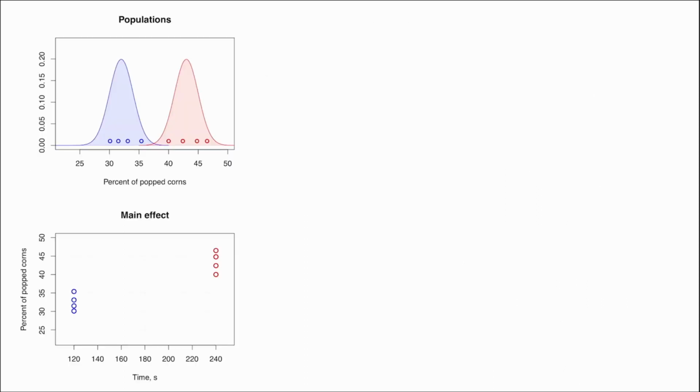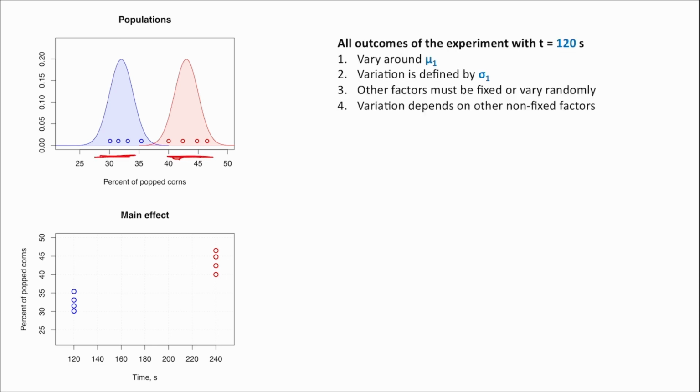Okay. Now, if we assume that, for example, population values are normally distributed, of course, in this case, I cannot treat all 8 values as normally distributed because I have 2 different populations, so I have to treat them separately, right? So if we assume that indeed in each population the percent of popped corns is normally distributed, then I can say that the first population has parameters mu1 and sigma1.